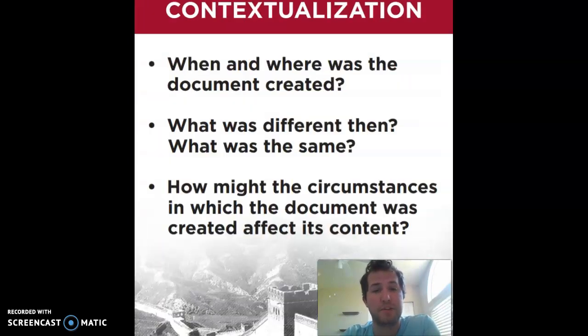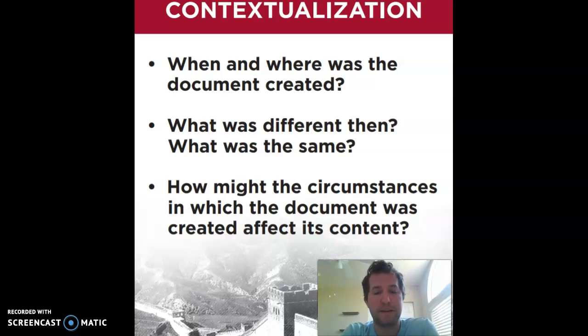The second major skill you're going to be learning is contextualization. Contextualization answers the question of what else was going on around the time that influenced this document. So you need the sourcing information, the when and where it was created, what was different back then, or what was happening back then, what was the same, how might the events back then have influenced the author's perspective.